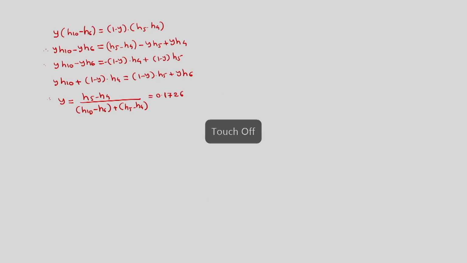We can write down the same thing in terms of z: z at H12 plus 1 minus y minus z at H2 gives us 1 minus y at H3.